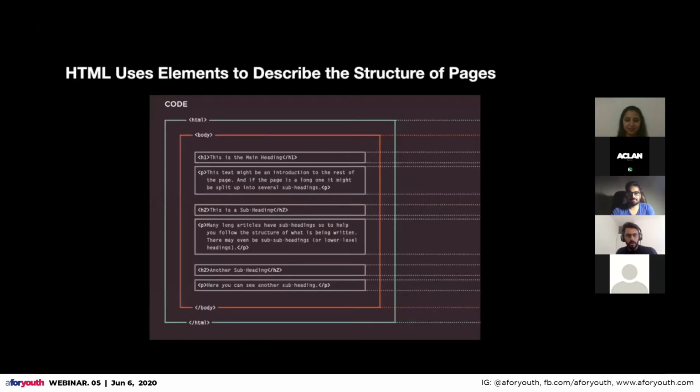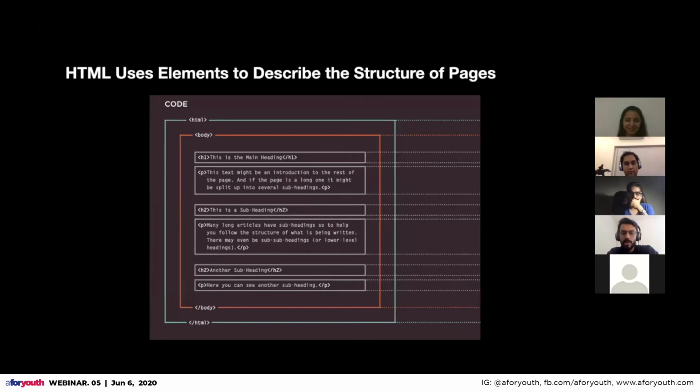So when we come to how HTML works, now we are actually going through the code. HTML starts with the very basic html tags. You see there is an opening tag and then there is a closing tag for HTML. So every opening tag has to have a closing tag as well.